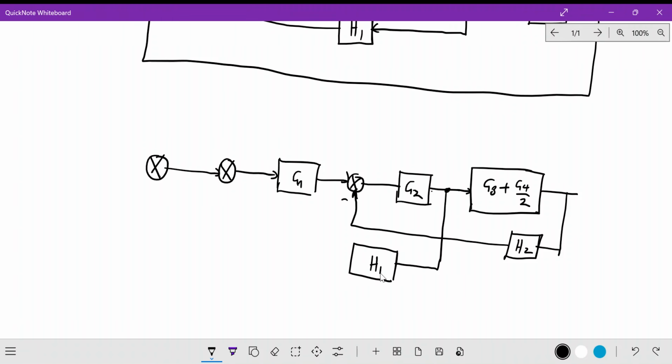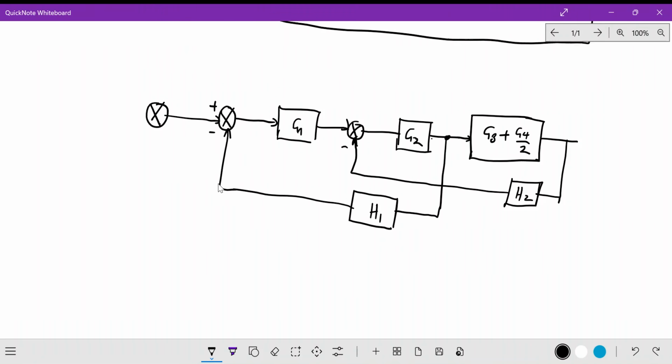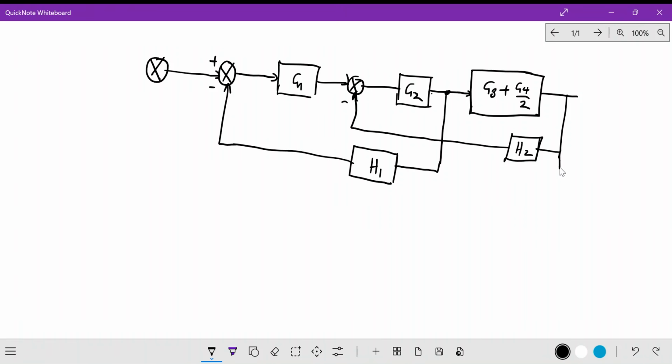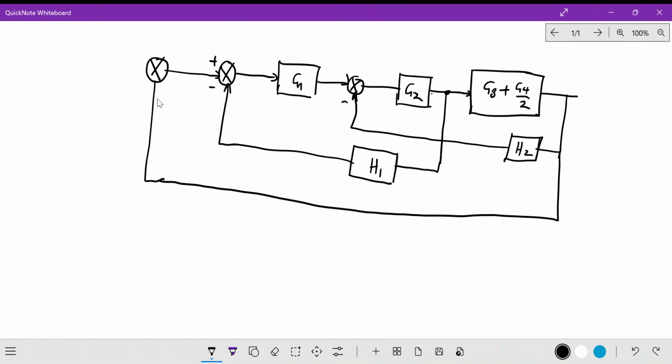This is H1, and it's connected to this summing point, and it's negative feedback there. It's forming a negative feedback, and also you have a unit feedback all the way up to here. It's negative, of course. Then the input R of S, the output is Y of S.